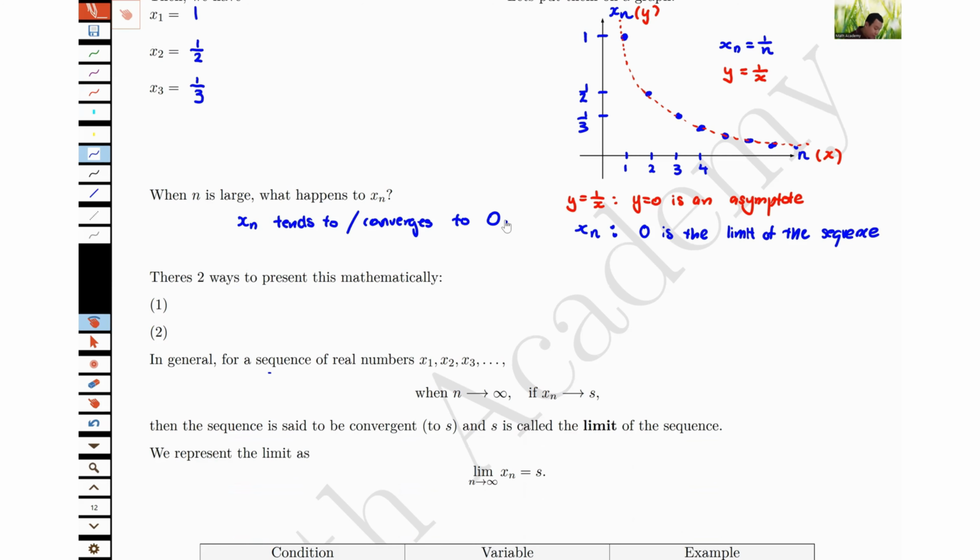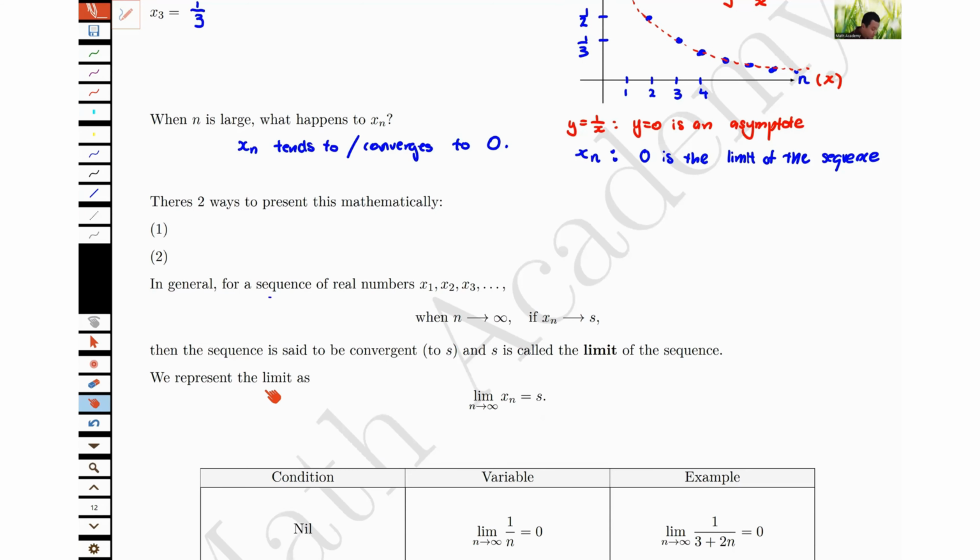There are two ways that we can write this mathematically. Even later in the solutions, I will show you different ways of presentation. Number one is we can say as n tends to infinity, I can mention that my sequence xn tends to 0. Okay, so just to let you know, the arrow is read as tends to.